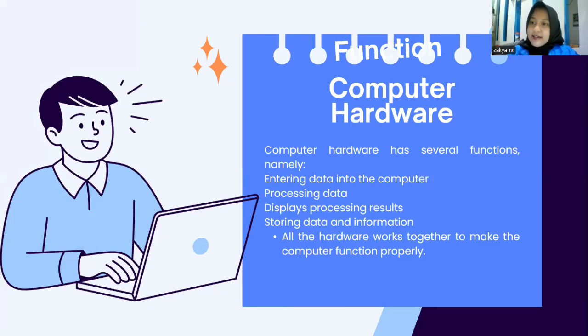Okay, next. Function of computer hardware. What are the functions of hardware? Computer hardware has several functions, namely entering data into the computer, processing data, displaying processing results, and storing data and information. All the hardware works together to make the computer function properly.